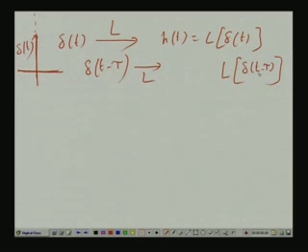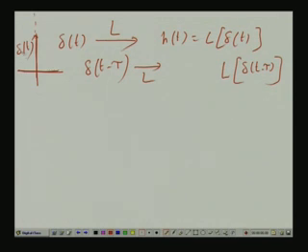Usually it is a function of t, but it will also depend on the shift parameter tau by which the delta has been shifted. If the system is shift invariant or time invariant, the waveform you get here will be the same as h(t), just delayed by the same amount tau.